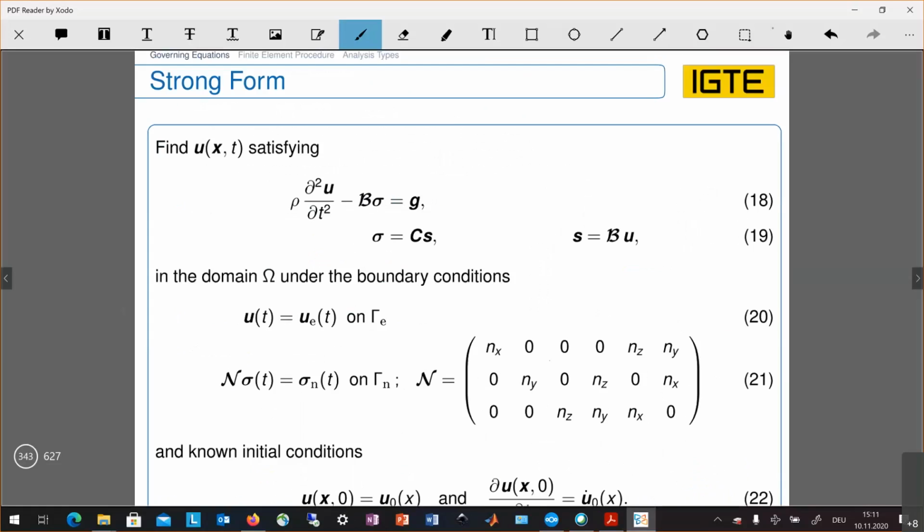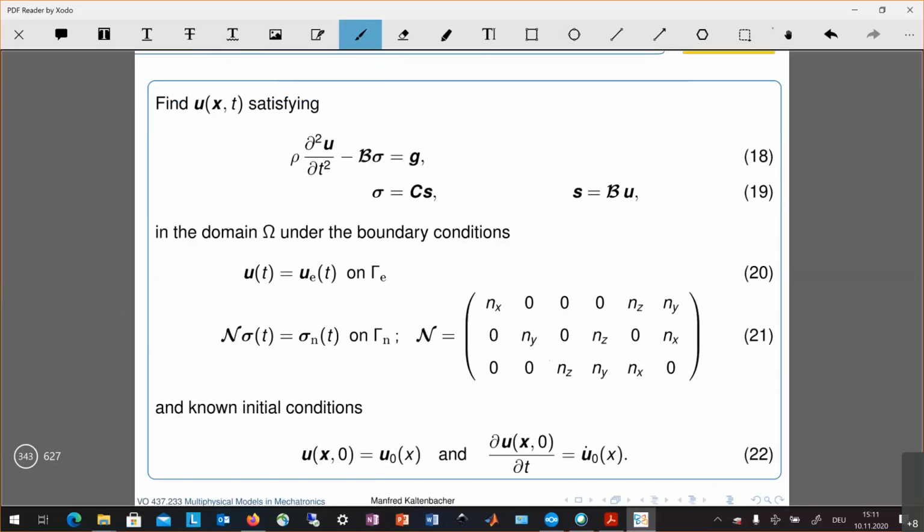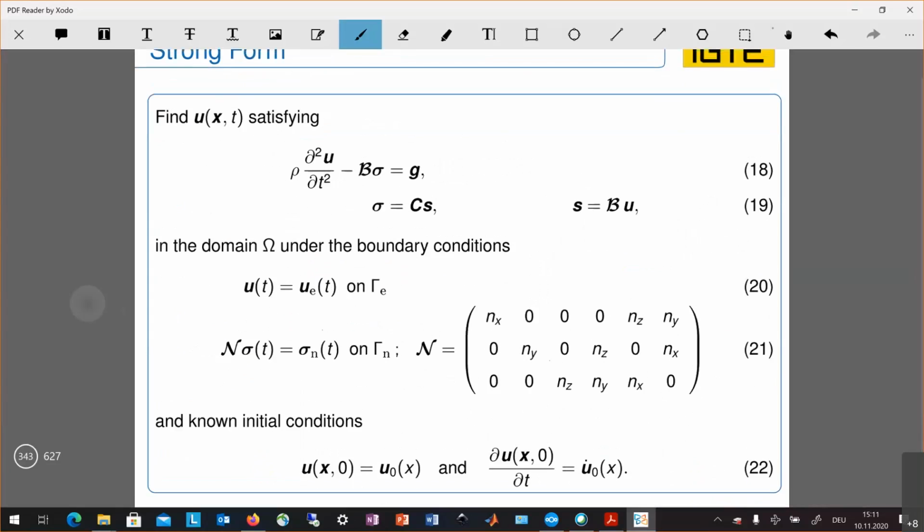So now, taking this all together gives us the following formulation here. And the strong form is now, as we know, we have our partial differential equation, where we have here the two terms. We have the first term here, which are the inertia forces. So the second time derivative of the displacement is just the acceleration scaled by the density of the structure you are computing.